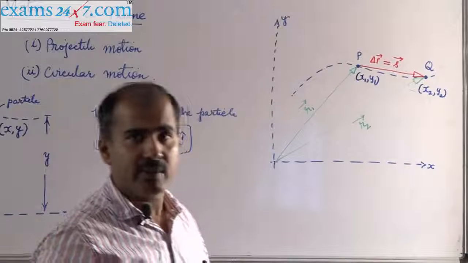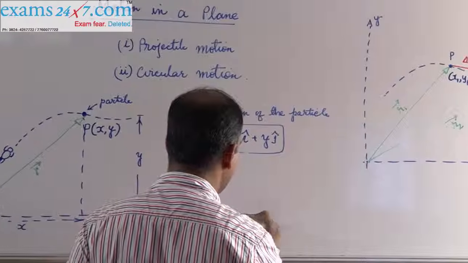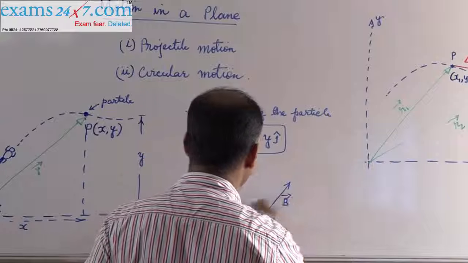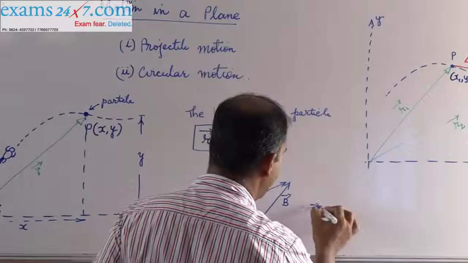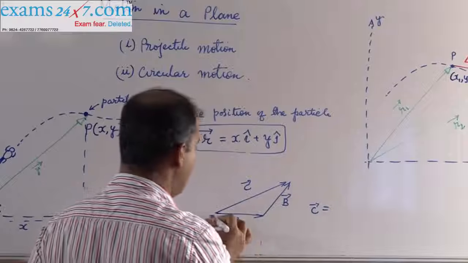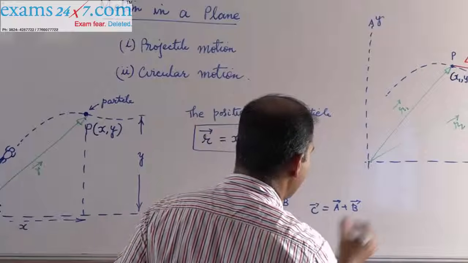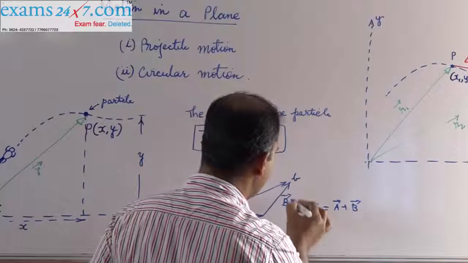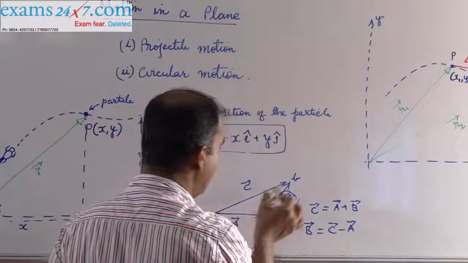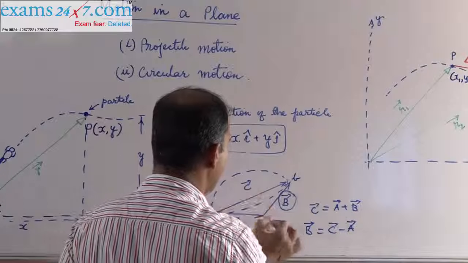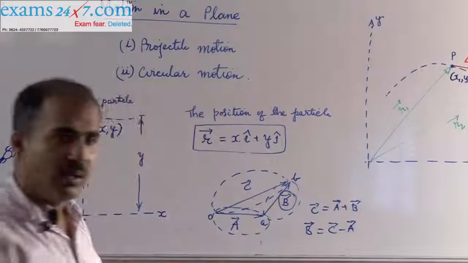We have already seen in the previous vectors and scalars chapter that if you have a vector A like this and vector B like this and vector C like this, you could always write vector C, which is the closing side of this triangle OAB, as vector A plus vector B. Conversely, vector B can be rewritten as vector C minus vector A, meaning from this vector, if you subtract this particular vector, you get the difference vector, you call it B if you will.